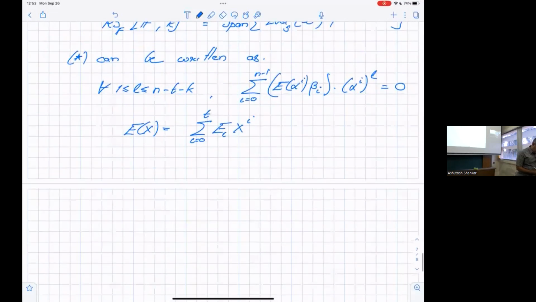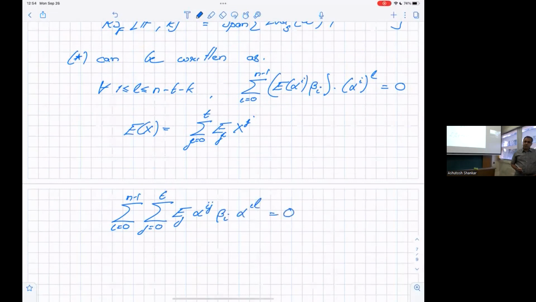So let's plug that in over there. That is, summation I going from 0 to n minus 1, summation j going from 0 to t, e_j alpha_i^j beta_i alpha_i^l equals 0.